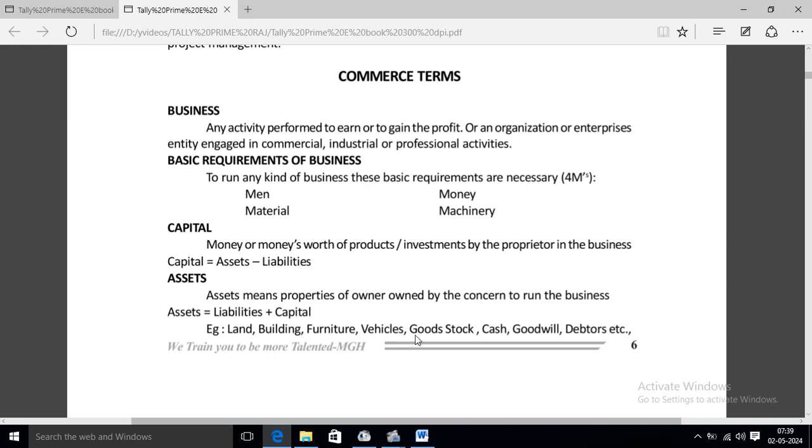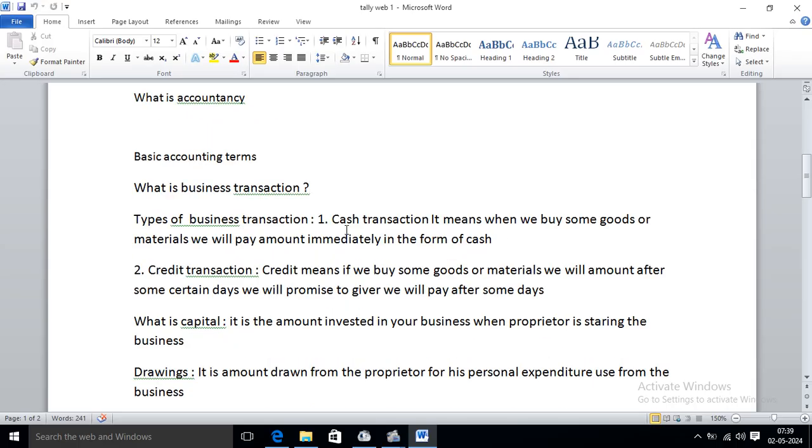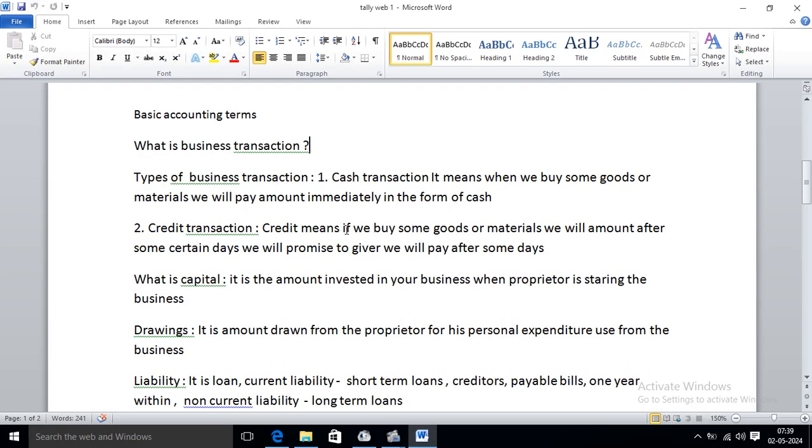Next, we will learn what is business transaction. There are two types of business transaction. One is cash transaction and another one is credit transaction. Cash transaction means where we buy some goods or materials, we pay the amount immediately in the form of cash, that is called a cash transaction.